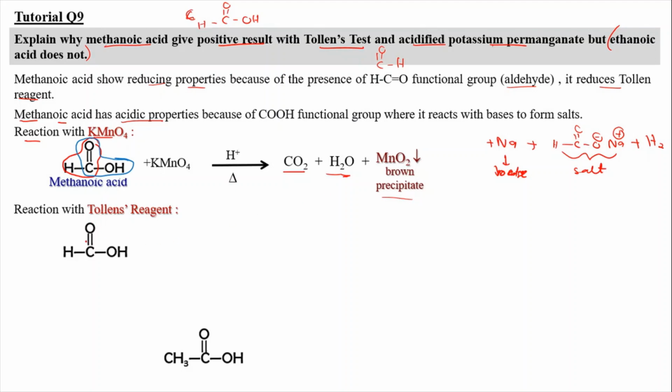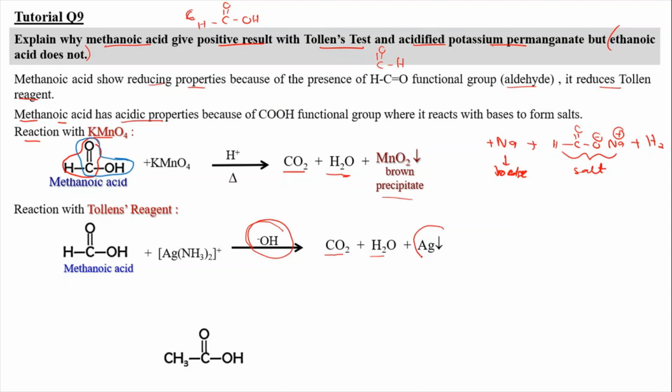And now we're going to react methanoic acid with Tollens' reagent. So Tollens' reagent has Ag(NH3)2 with a plus charge here, and this must happen under basic conditions. So what's going to happen here is that it's going to produce carbon dioxide as well as water, and it's going to precipitate the silver.